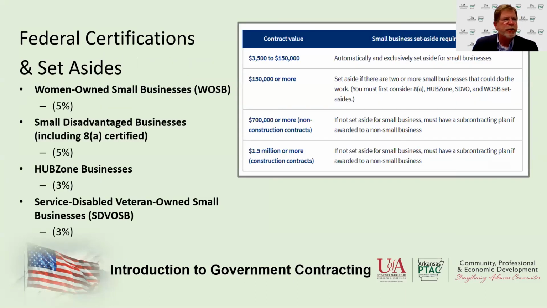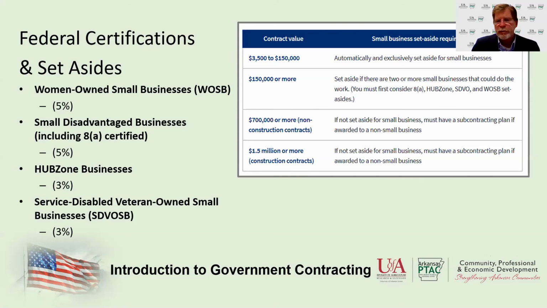All right, and then so far as really quick, the advantages, so far as those different certifications, a lot of times there's a set aside, and you can see the chart on my screen. Set asides for women-owned small business, set asides for small disadvantaged businesses to include 8A certified, and 8A certification is based on socio or economic factors. Look into that if you think you might be eligible.